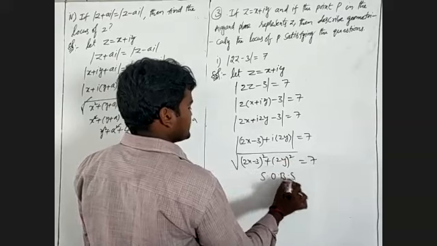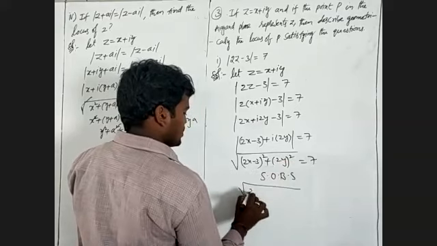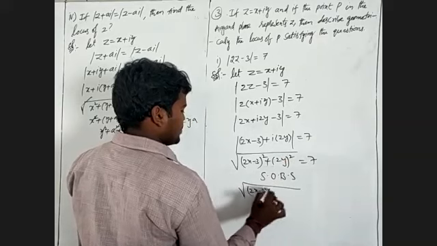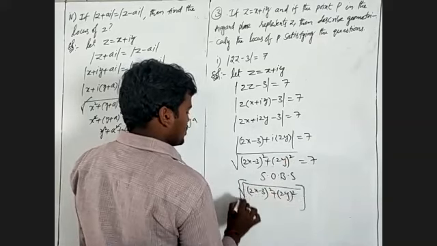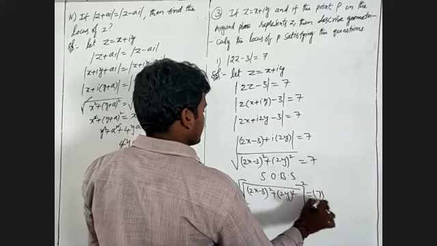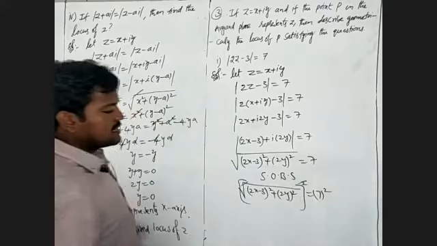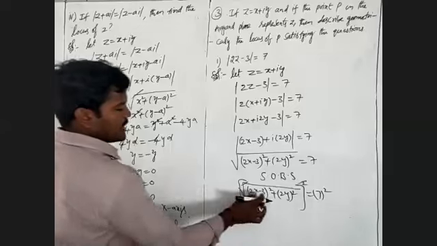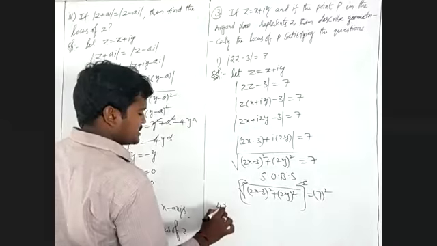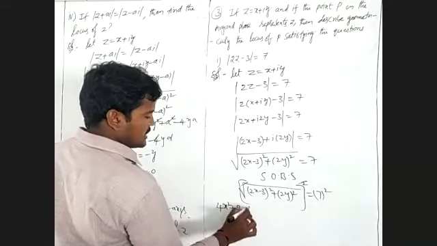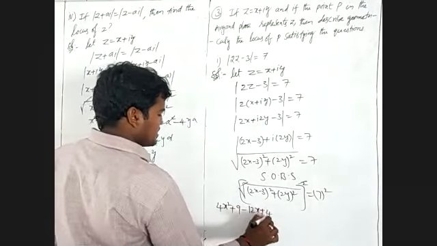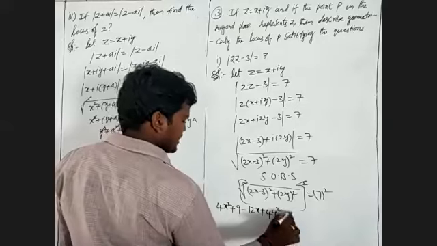Squaring on both sides, that means root of (2x minus 3) whole square plus (2y) whole square is nothing but 7 square. Square and root will be cancelled. Remaining, when it is of the form (a minus b) whole square, that I will write 4x square plus 9, 2 2's 4, 4 3's 12x, plus 4y square is nothing but 49.